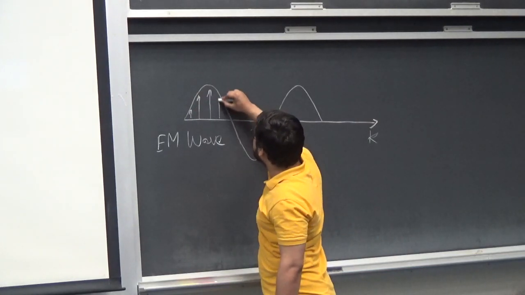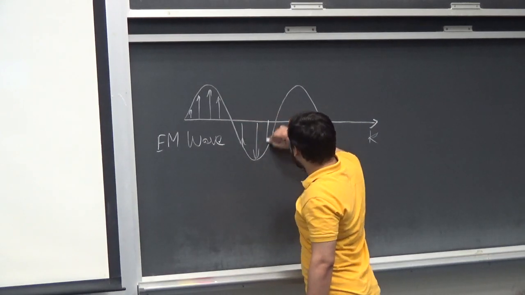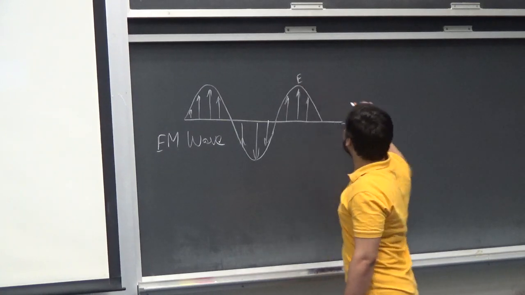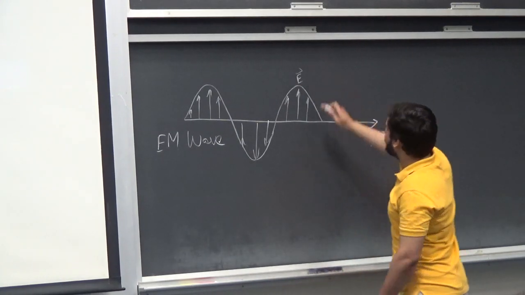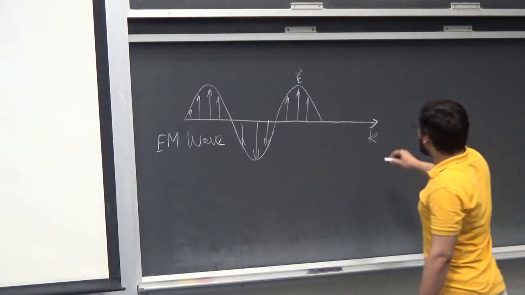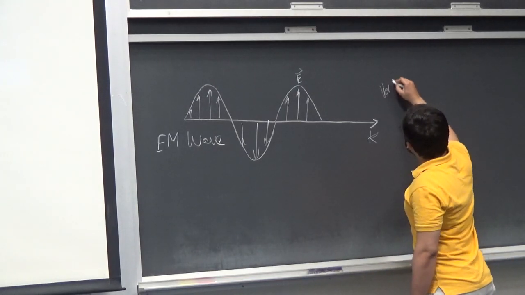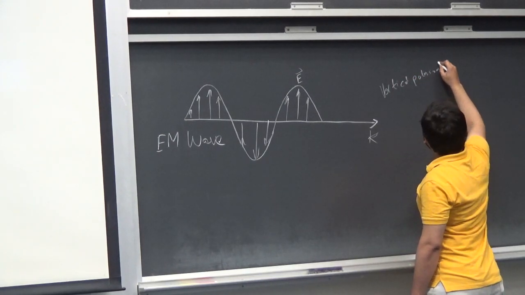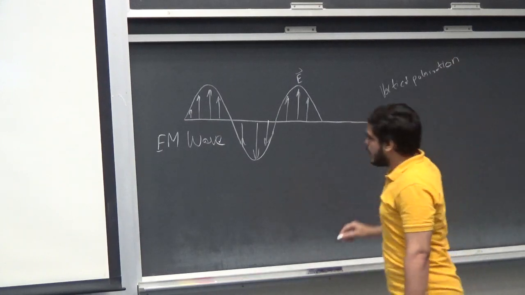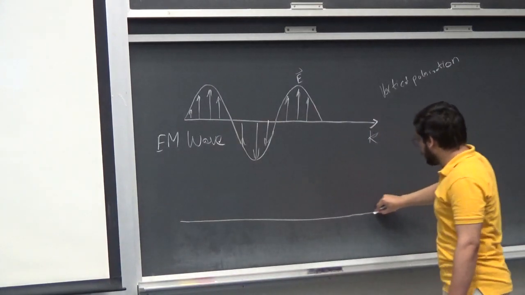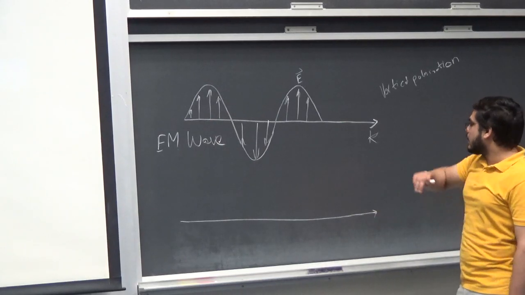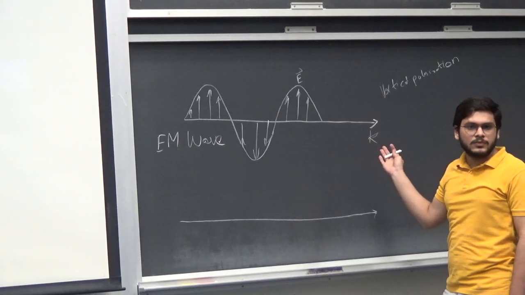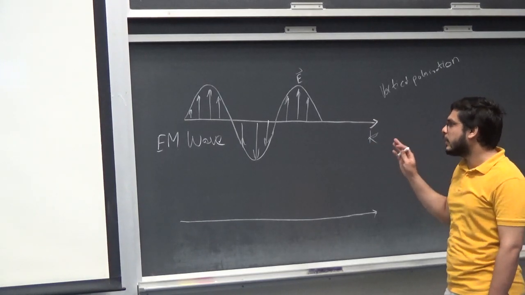So if this is the electric field portion of this electromagnetic wave, it will have a vertical polarization, oscillating up and down with respect to the direction of propagation. This is why it's vertically polarized light.